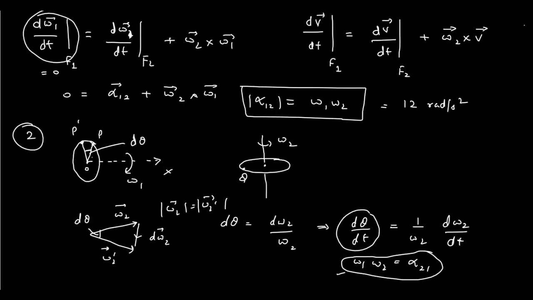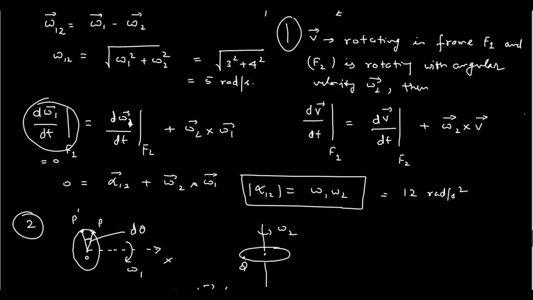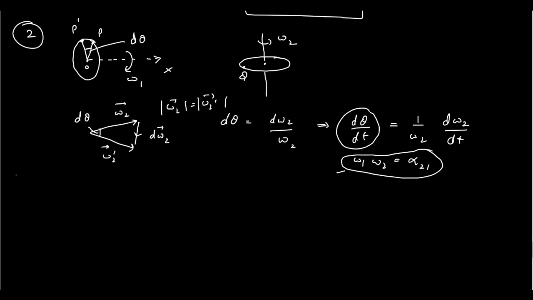Now I'm moving to the third method to solve this problem. So for this, concentrate on this result, the relative angular velocity of 1 with respect to 2. So in the third method I can write omega 1 2 is equal to omega 1 minus omega 2.